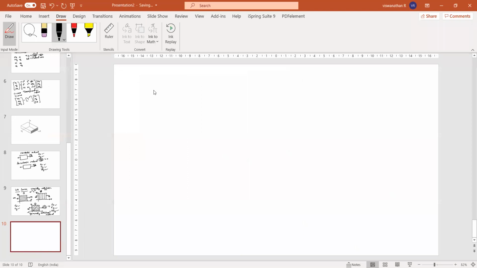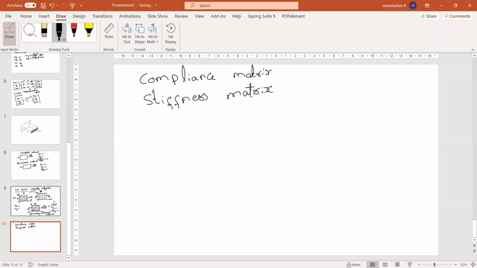Fine. Now, we discussed the compliance matrix and stiffness matrix. We always wrote it for a UD lamina.